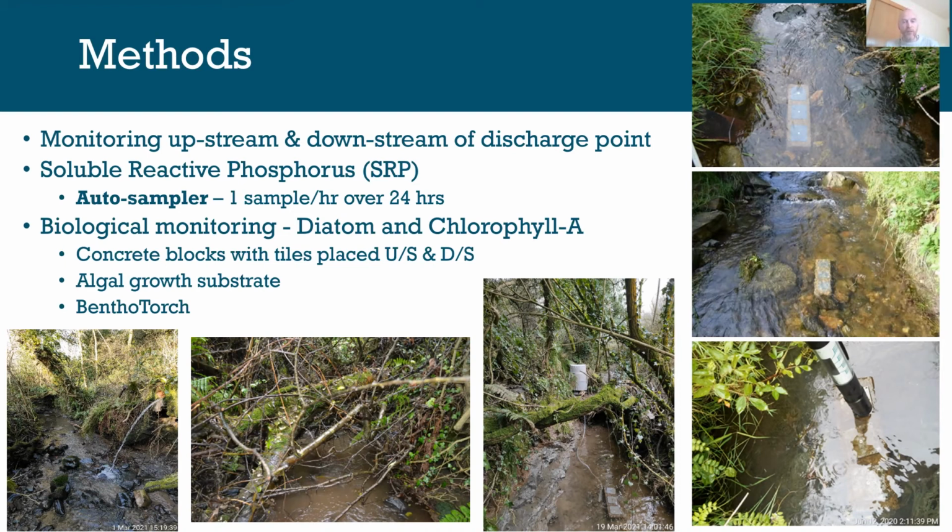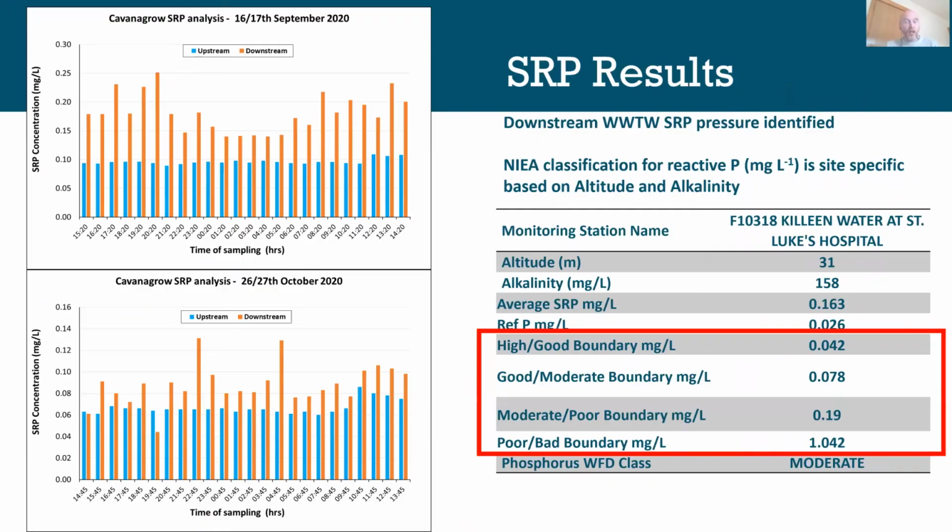But you see from some of the pictures of Kavanagh, the site is fairly overgrown. Again, this inhibits the growth of algae on the concrete blocks, which you may see in the results coming up. Just in terms of the SRP results, we found that the wastewater treatment works is having a pressure on the stream at Kavanagh, based on the SRP values occurring there.